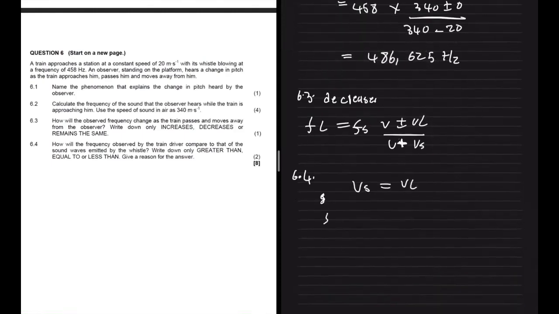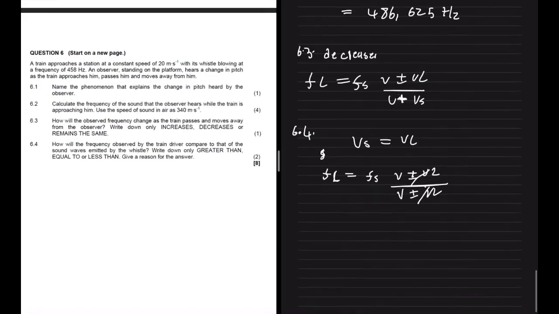If we put that into the equation, we get FL equals FS (V plus or minus VL) divided by (V plus or minus VL) again, because VS is the same as VL. So the numerator and the denominator cancel out, and we have FL equals FS. So for 6.4, it will be equal.